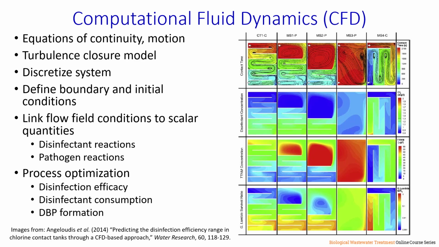The image on the right illustrates several different aspects of the behavior of different configurations of chlorine contact basins. The various attributes that were included were contact time, disinfectant concentration, total trihalomethane concentration as an indicator of disinfection byproduct formation, and Giardia lamblia survival ratio as an indication of disinfection efficacy.